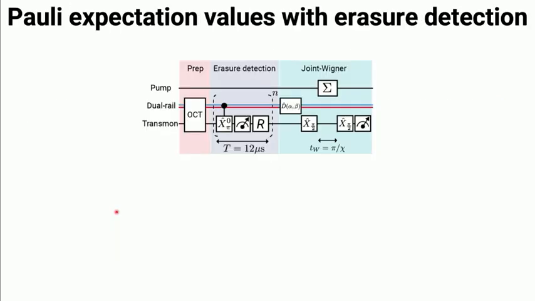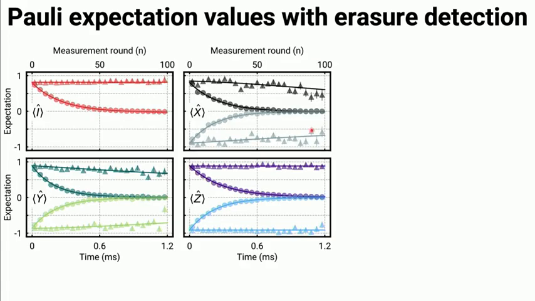Okay, so we go back to the same circuit, but this time we perform erasure detection, and measure the expectation values of the Paulis. And let's see what happens. So here are the results. Let's focus on the top left one for now. So I measured the expectation value of the identity operator as a function of erasure detection rounds.